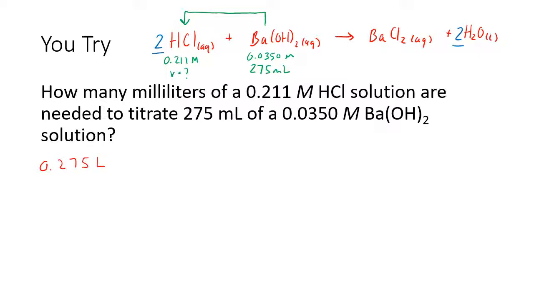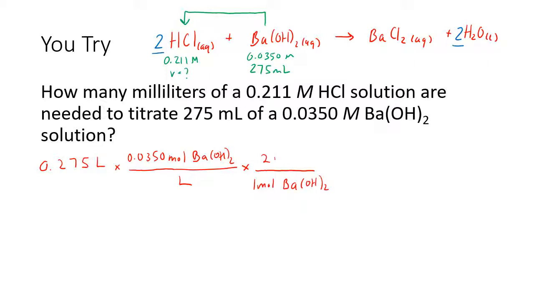0.275 liters, and we're going to multiply by the molarity of that solution, 0.0350 moles of barium hydroxide per liter. Now going from moles of barium hydroxide to moles of HCl, for every 1 mole of barium hydroxide, 2 moles of HCl react.